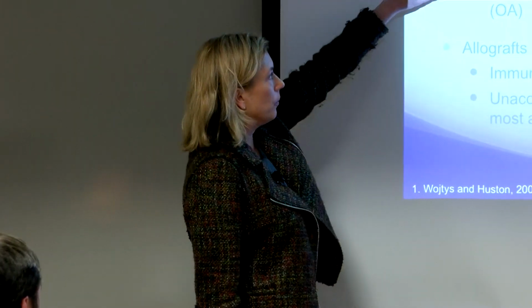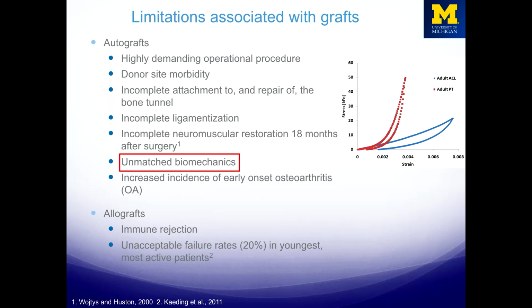But also, there are problems with these grafts, including unmatched biomechanics. I'm trying to illustrate here. So these are stress versus strain curves of an anterior cruciate ligament in blue and a patellar tendon in red.